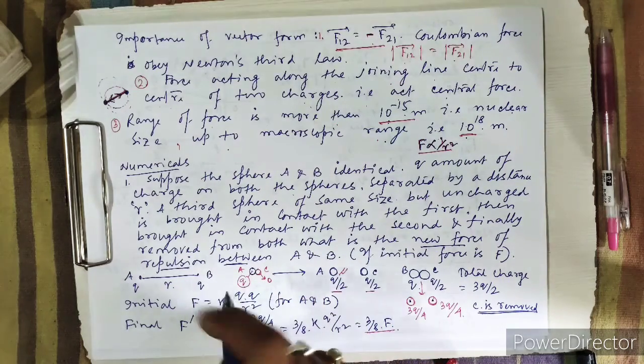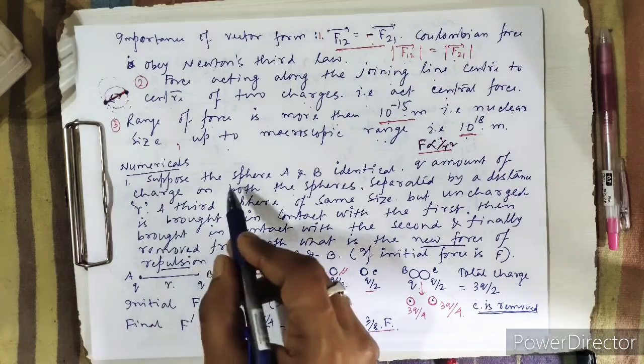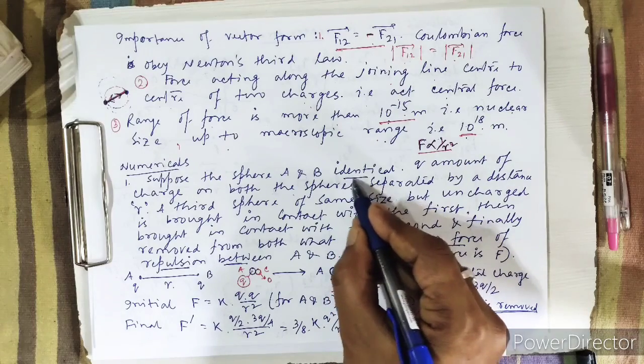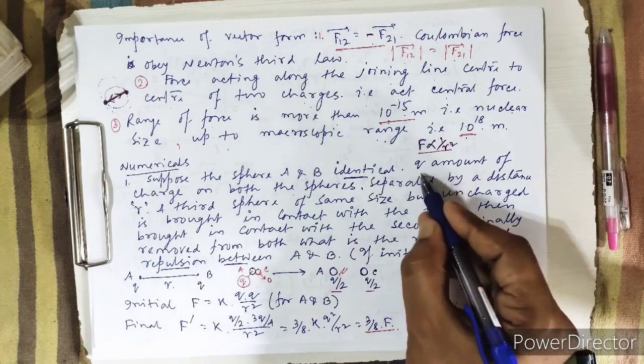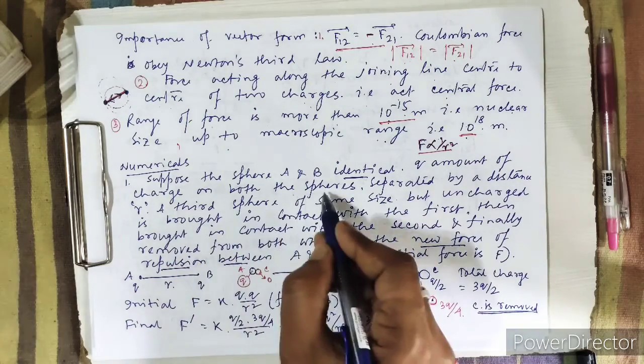Now we explain a numerical. Suppose the spheres A and B are identical. Identical means same size. Q amount of charge is on both the spheres.